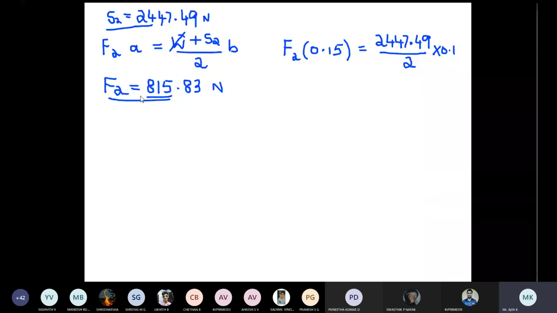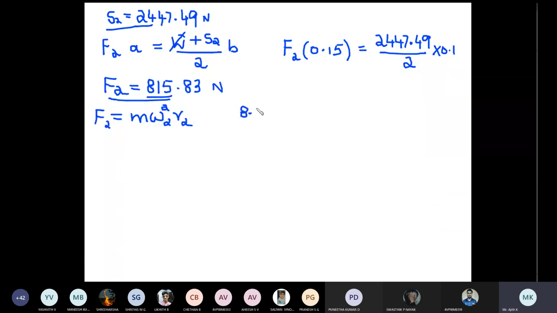Now after calculating the value of F2, you can calculate the final required answer. F2 is equal to m omega square, m omega 2 square into R2. So ultimately you have to find out the value of N2. For that I am using this equation.